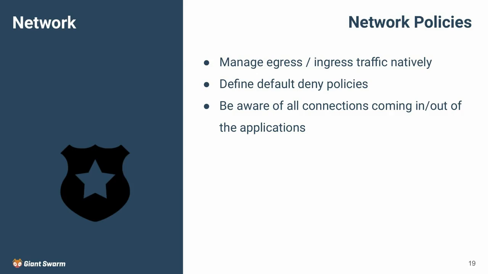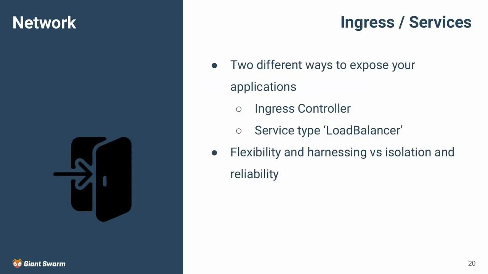There are also the Ingress services. The Ingress services are mapped with the load balancers, right? And there are kind of two ways to expose your traffic. One is via the Ingress controller. The Ingress controller is a component that will run as a deployment in some of the nodes, and it will provision a load balancer.